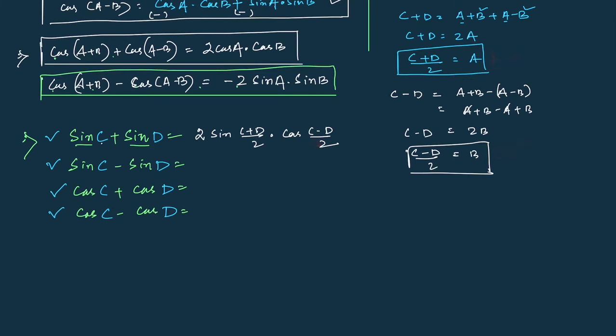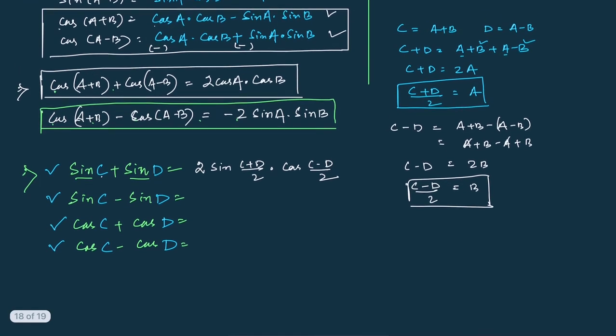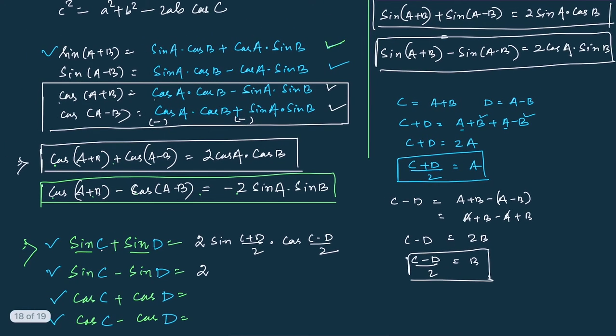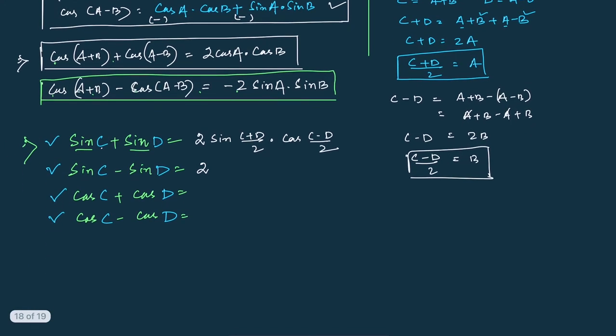Now similarly we can do this for the other formulas. Sin c minus sin d is going to be 2 cos of c plus d by 2 into sin of c minus d by 2. Next, what is cos c plus cos d?